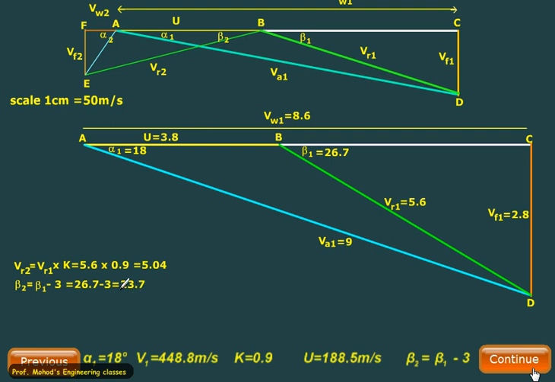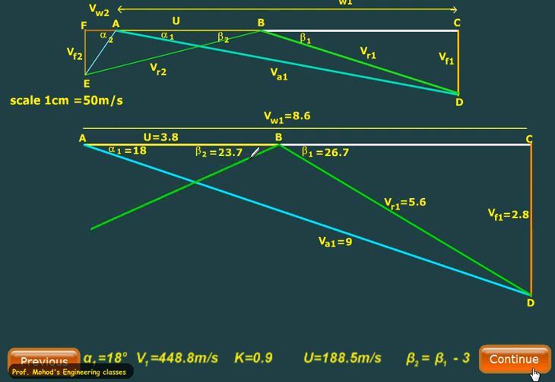Using these two data, beta 2 and Vr2, we can enter the outlet triangle of the velocity. At beta 2, which is the angle ABE, we construct beta 2 equal to 23.7 at B, and we cut a distance equal to 5.